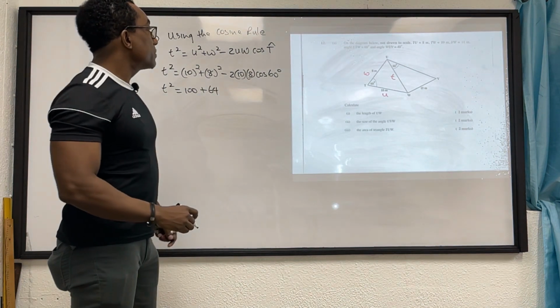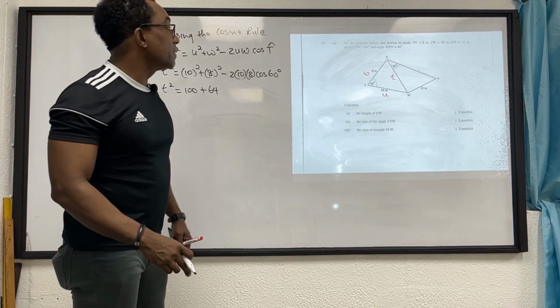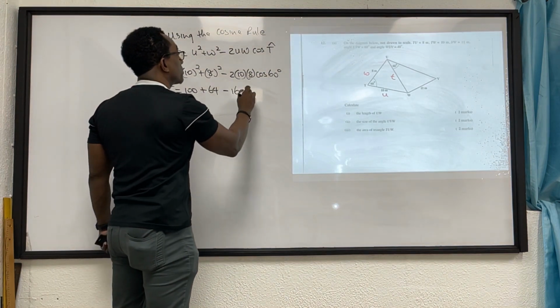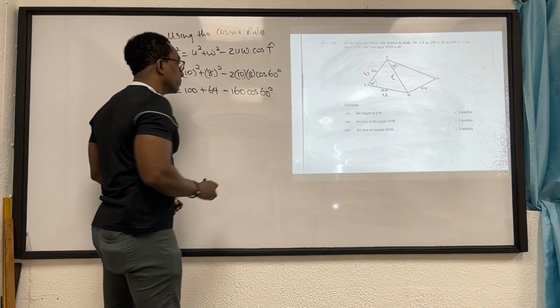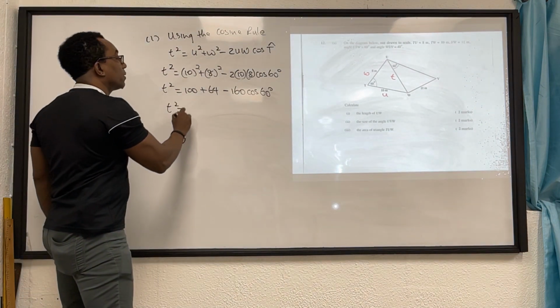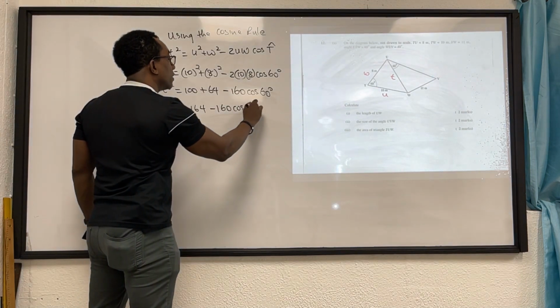And this here now will be negative 2 by 10 is negative 20, and negative 20 by 8 will be negative 160 cos 60 degrees. In simplifying further, we're going to get what? T squared is equal to 164 minus 160 cos 60 degrees.